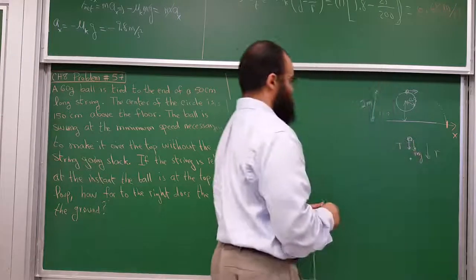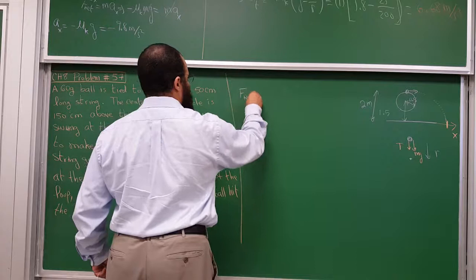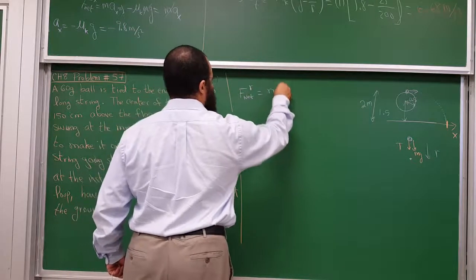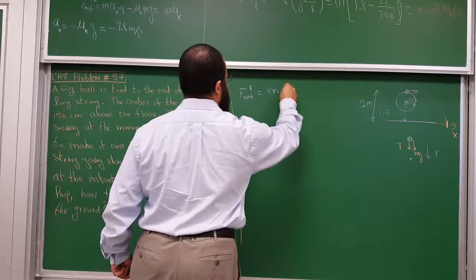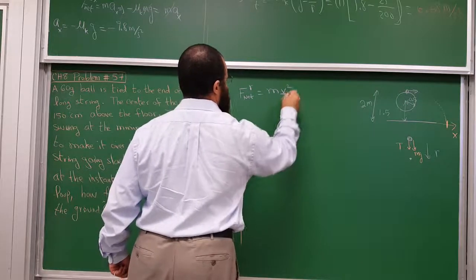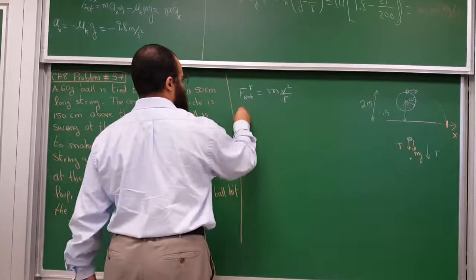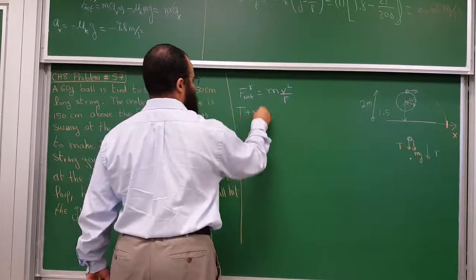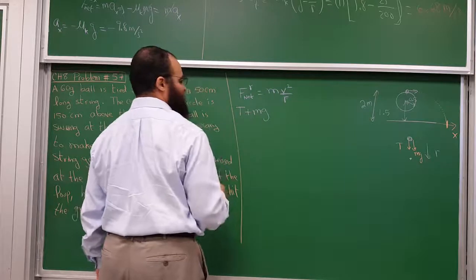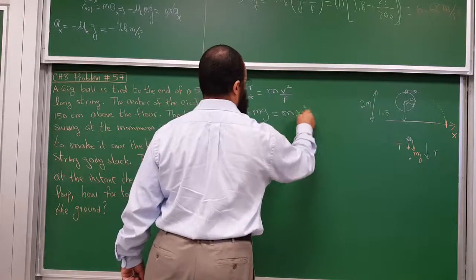That's it. And so we know that the net force in the R direction will equal m v squared over r, mass times the acceleration in the radial direction. The forces are the tension, which is in the radial direction, and the mg is also in the radial direction. And then you have here m v squared over r.